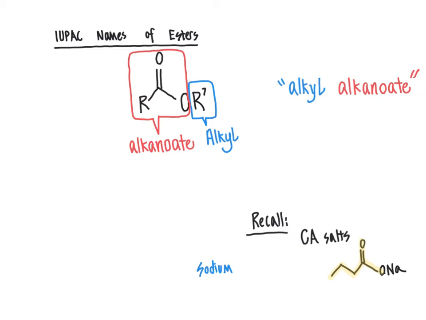In this case, the chain has 4 carbon atoms, 1, 2, 3, 4. So we referred to that as a butanoate.